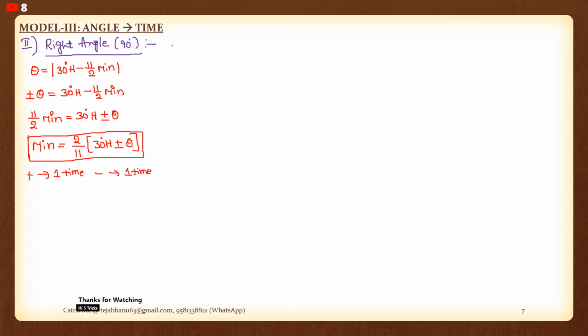That means a right angle happens twice in every hour, except in between 9 to 10 and 3 to 4.